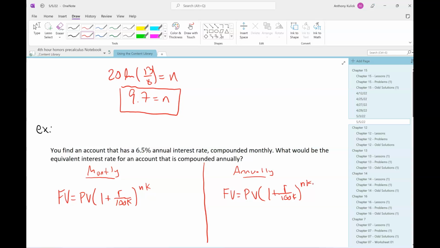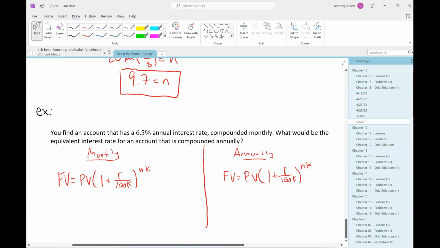Okay. So everybody's cool with why we use the normal compound interest formula? In our monthly formula, what values can we fill in? R and K. All right, so let's fill that in.